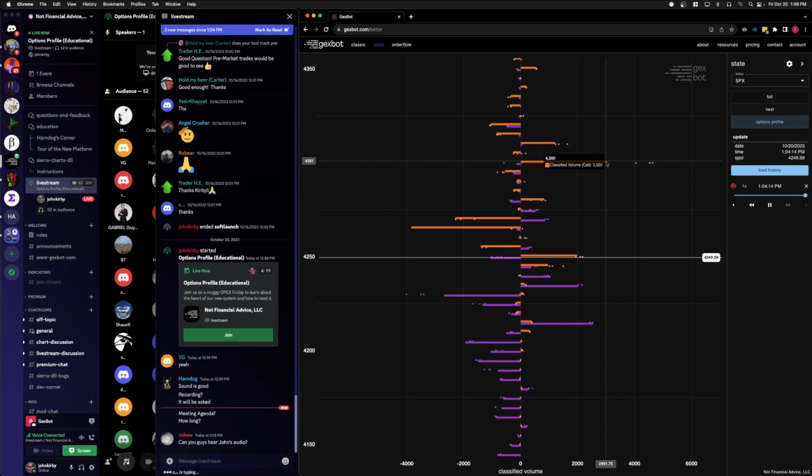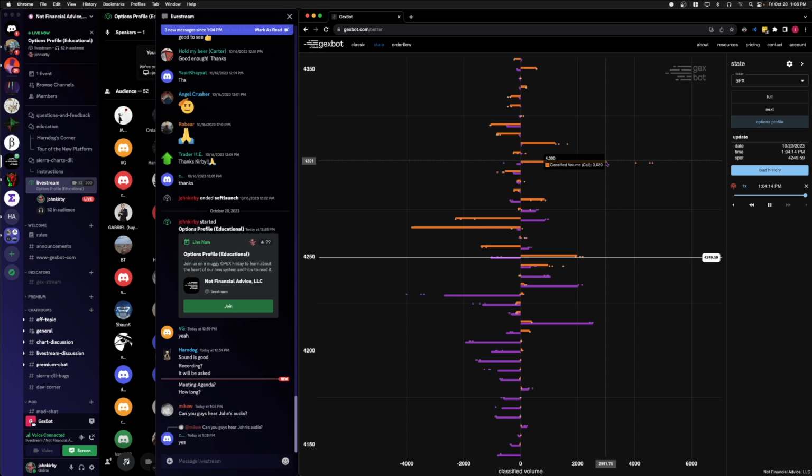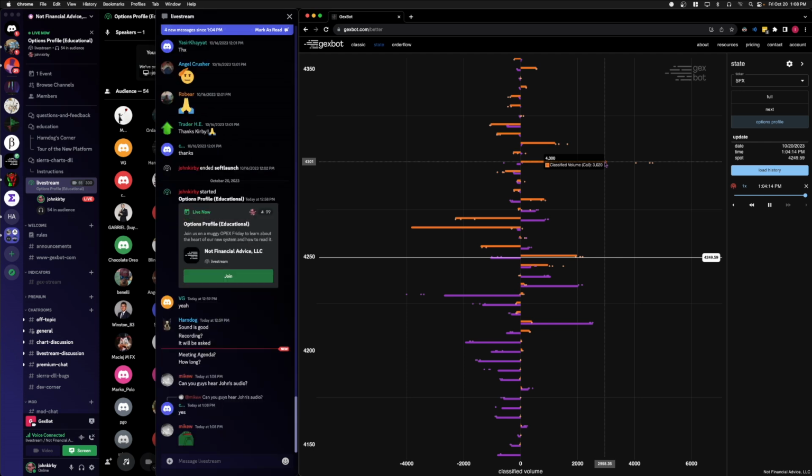So in other words, we're netting it out. But we're not netting out calls and puts, we're just netting out bought calls versus sold calls. And in this particular case, it looks like there are more bought calls over the course of the day so far at 4,300 than sold calls.